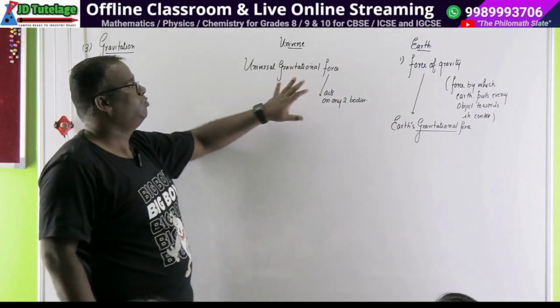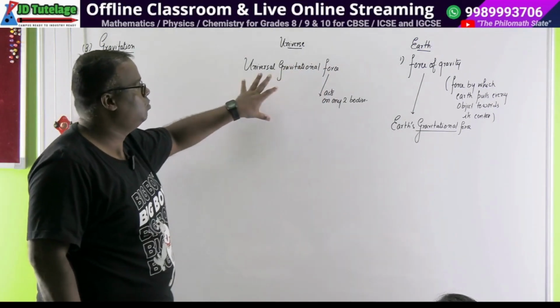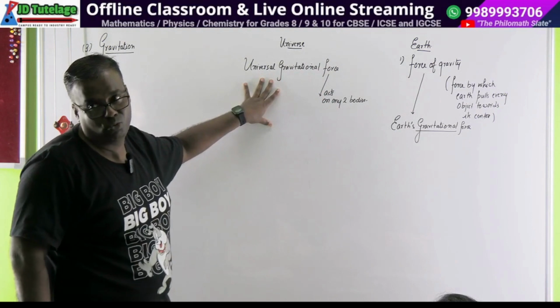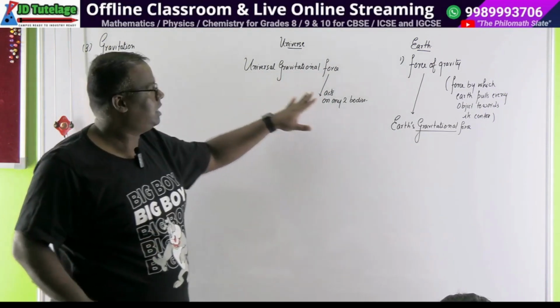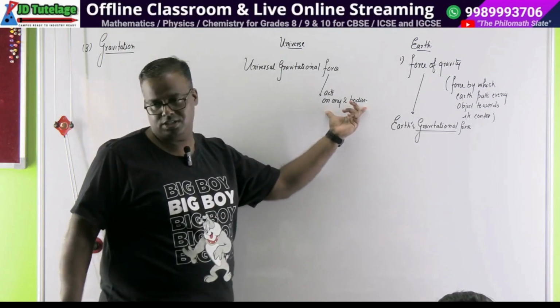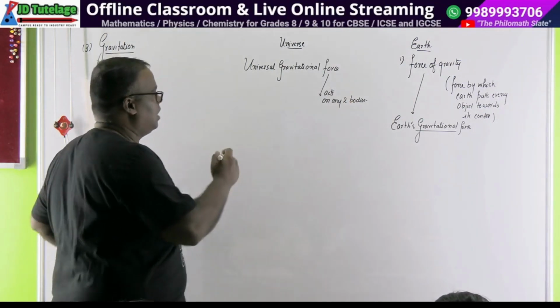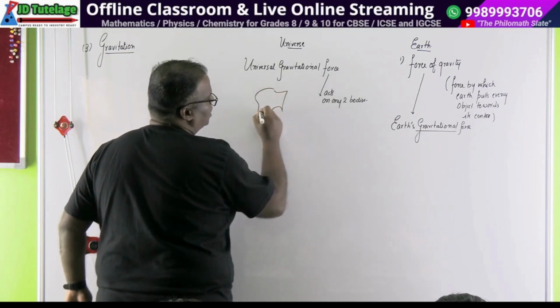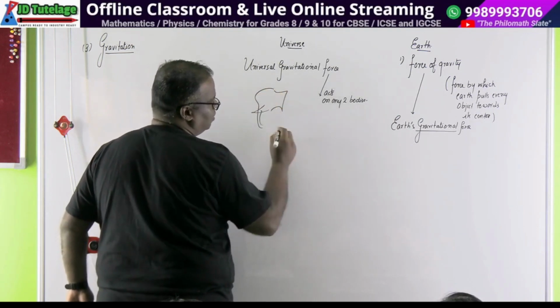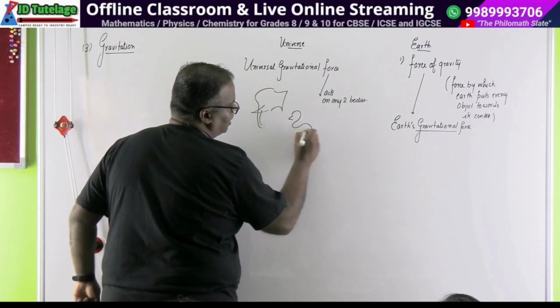This is universal gravitational force. It's a universal concept. Universal means whatever you can think about the creation, it exists, and it acts on any two bodies. Now the question may arise, let's be humorous. Let's say we have an elephant, and we also have a duck.